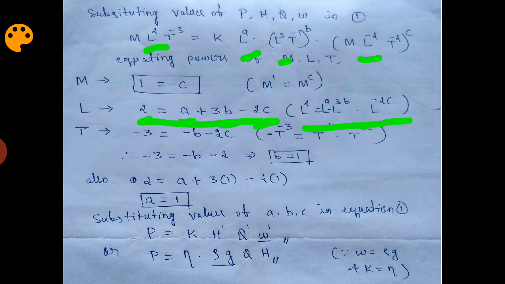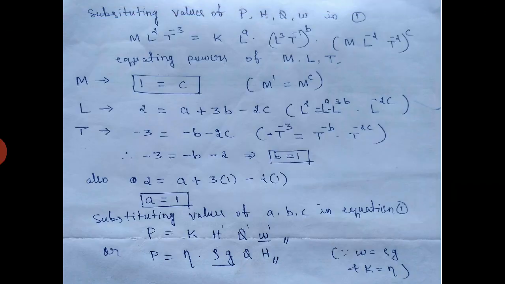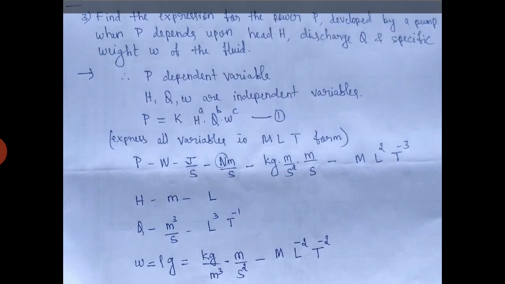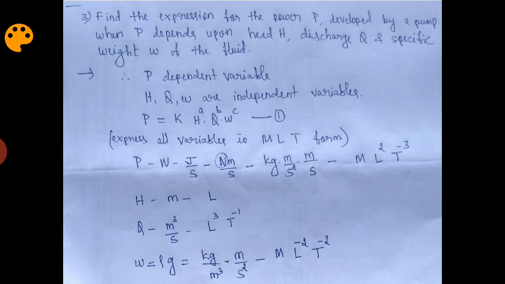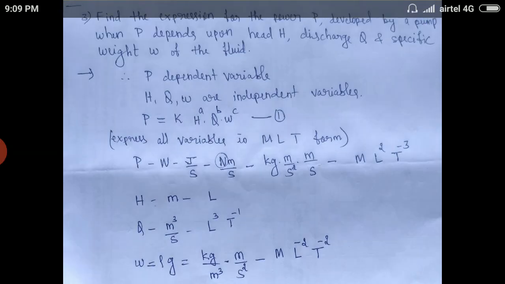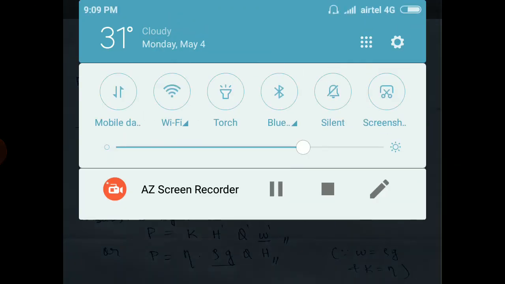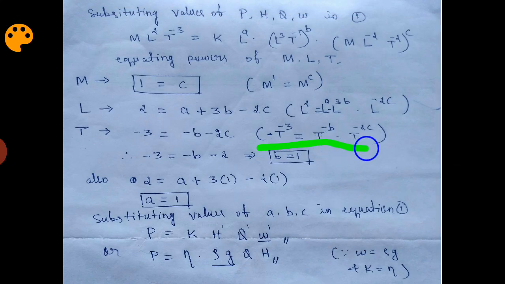Then we have the T term. When we consider the T term, the simplification is written here from the main equation.